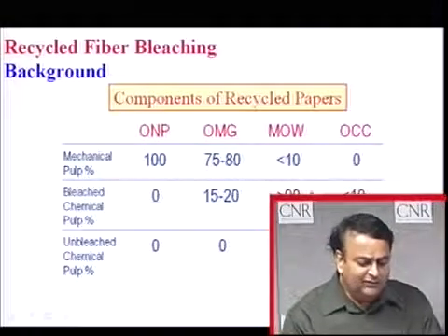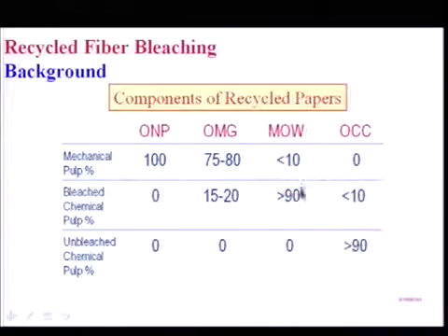In the case of mixed office waste, you have a lot of dyes. It's all colored paper right there, 90%. So, you need a chemical that can decolorize these colors, that can attack on dyes and remove those dyes. In the case of OCC, you have lignin, and you may need some delignification chemicals to remove the lignin to make it brighter and whiter.